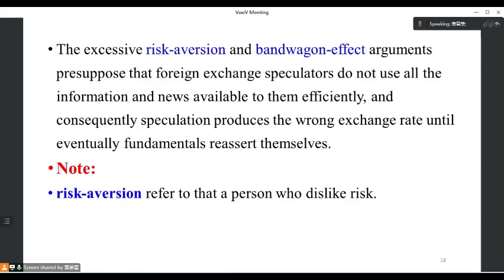Excessive risk aversion and bandwagon effect arguments presuppose that foreign exchange speculators do not use all the information and news available to them efficiently, and consequently speculation produces the wrong exchange rate until eventually fundamentals reassert themselves.